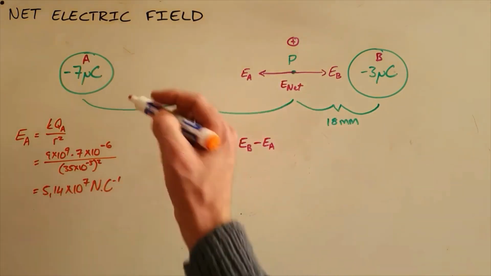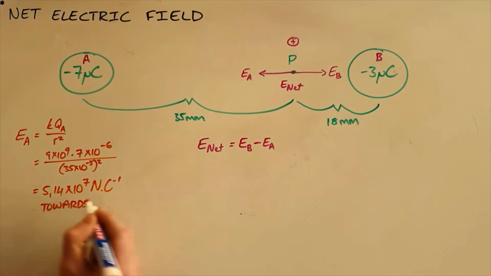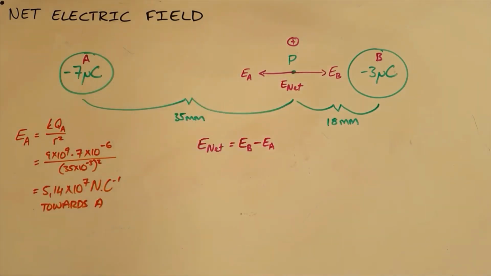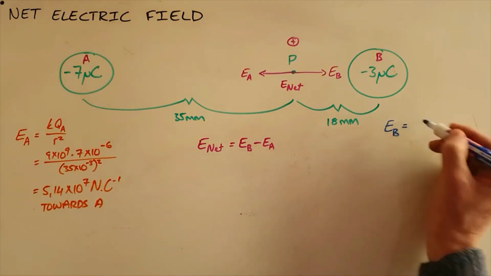And what we can see is that is towards A. The electric field is the direction that a positive charge would move if placed at that point, and here that is towards A.